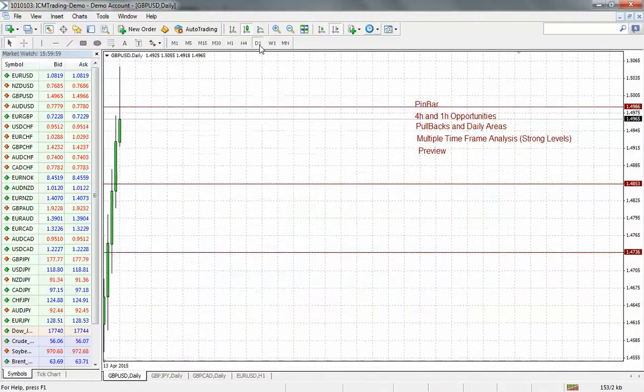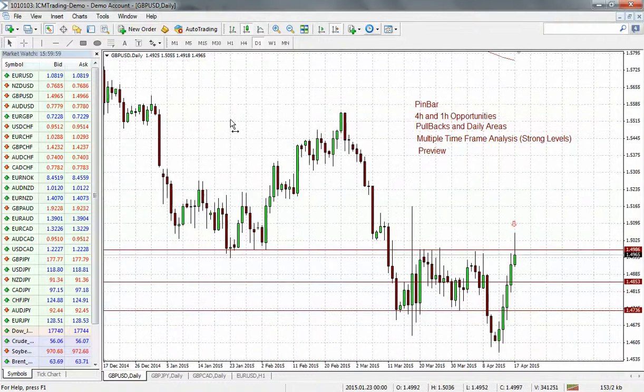Now let's go back to this daily chart. Last couple of things I would like to cover. We have a couple of ways that we can enter this. We can enter when this bar opens, or we can wait for it to retrace up to this line and get in at a tighter entry, to tighten our risk and have less risk on the table.